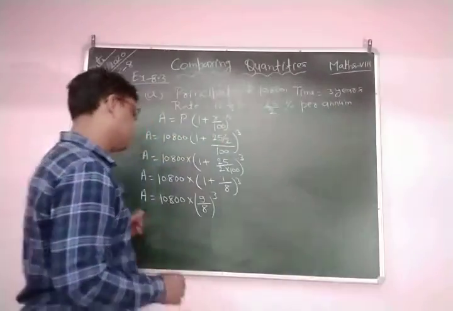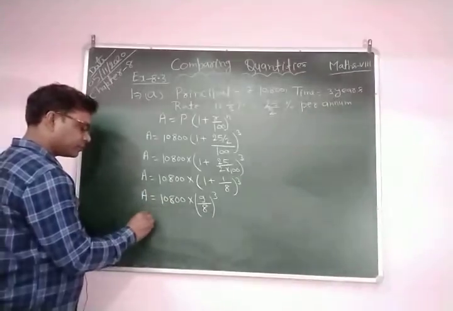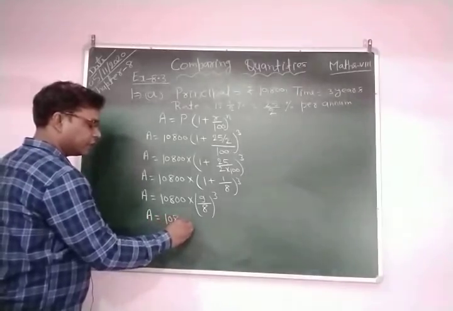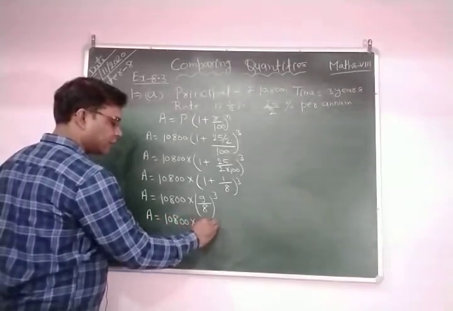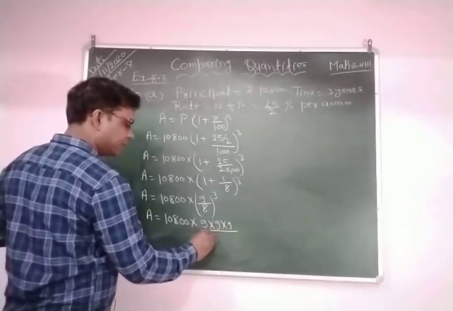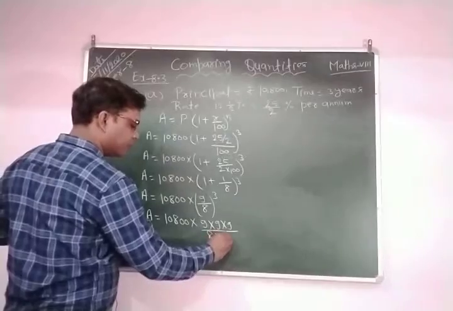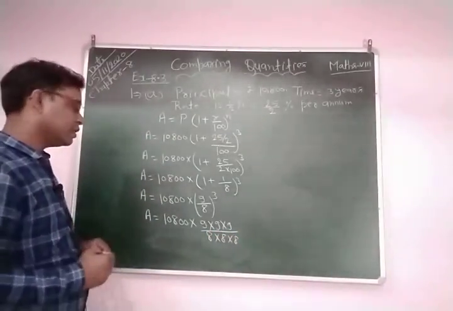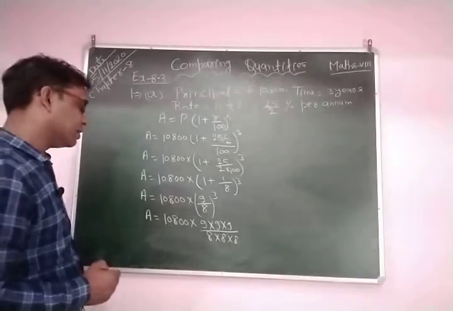So this is equal to 10,800 into 9 into 9 into 9 by 8 into 8 into 8. Clear? So you can cancel it.